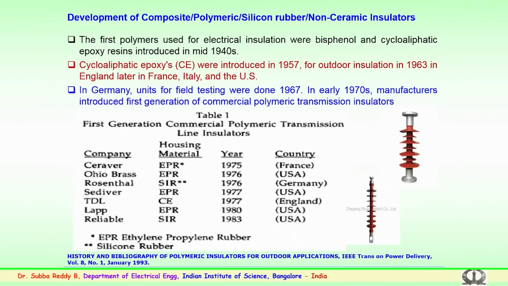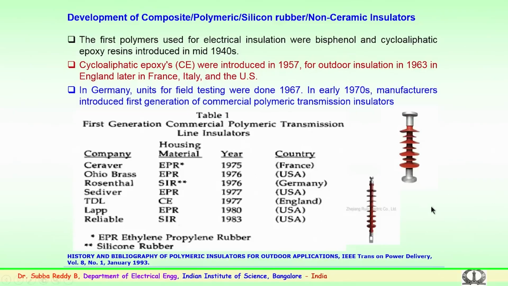Several of these companies started during the similar period of 1975 to 1983, using either ethylene propylene rubber or silicon rubber. These materials, which are organic in nature, were being tried out in the initial stages.